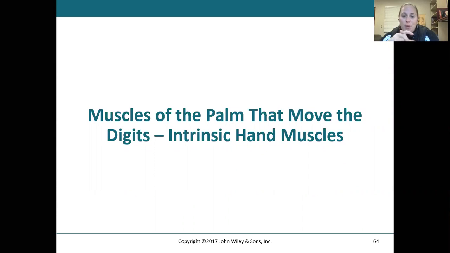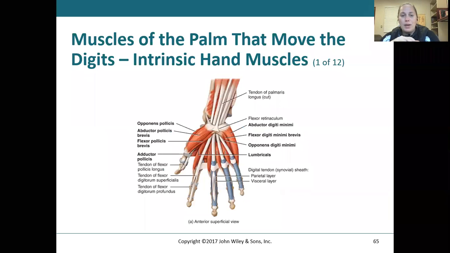Okay, so muscles of the palm that move the digits, the intrinsic hand muscles. If we look at the hands themselves, there still is some musculature, not just the extension of the tendons. So the opponens pollicis, the abductor pollicis brevis, the flexor pollicis brevis, you can see located more anteriorly, abductor is a little bit more superficial, and the opponens pollicis.